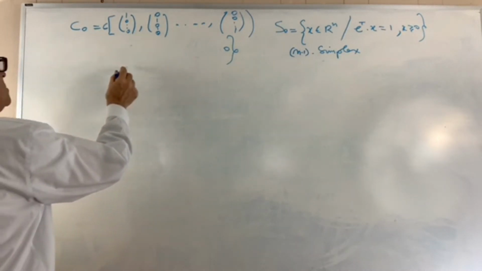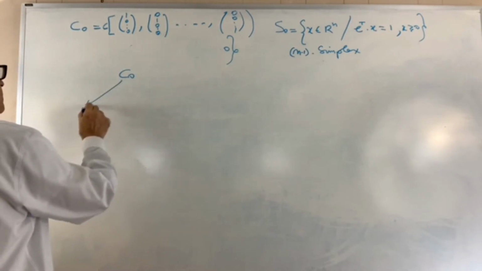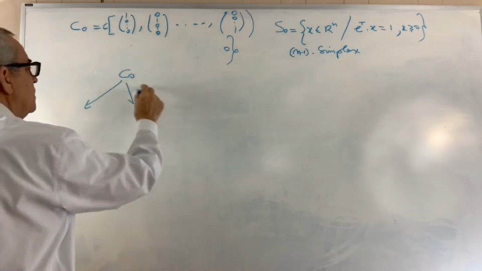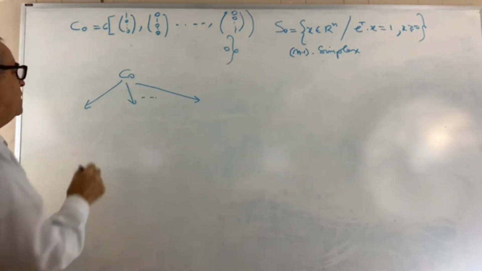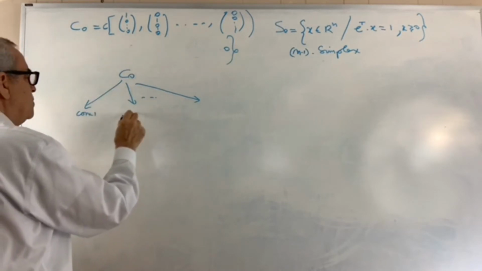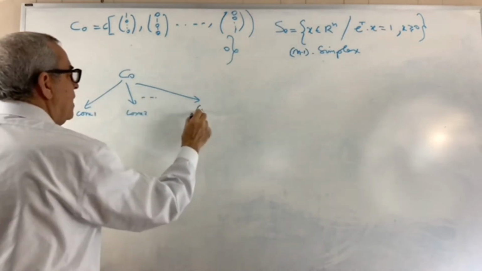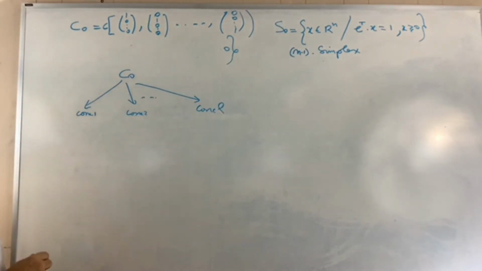And then C0 is subdivided into multiple cones, cone 1, cone 2, cone L, via the subdivision process.